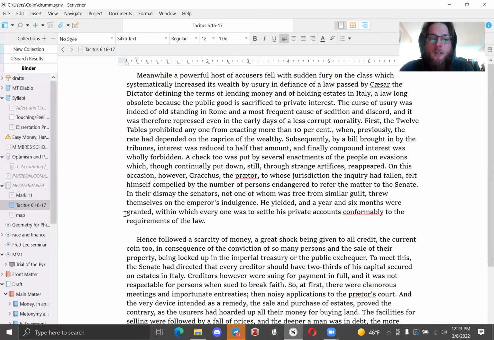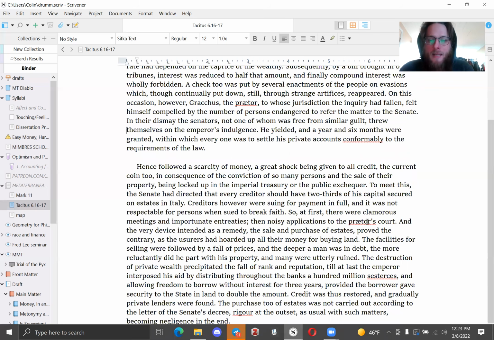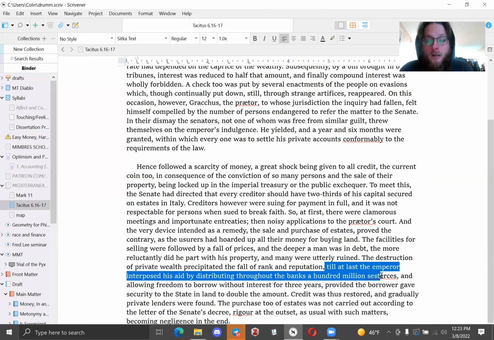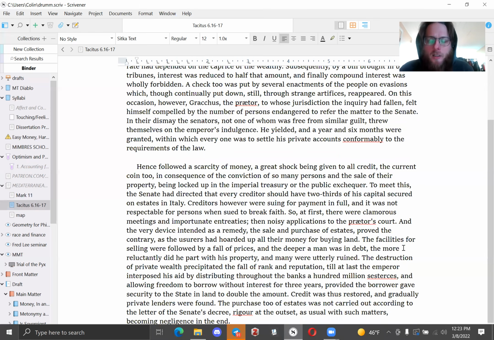The important thing to keep in mind is that this event, where Tiberius recollateralizes the moneylenders by distributing money from the treasury, is very close to what we call quantitative easing. It's a little different because there's not a market in the secondary securities, but he's recollateralizing the banks by distributing money to them.